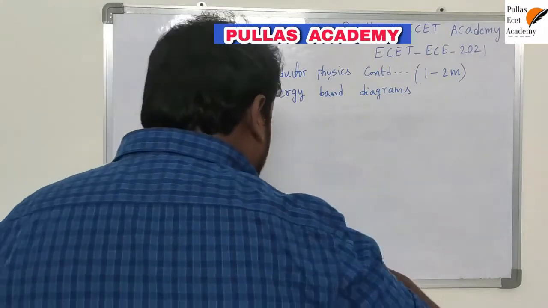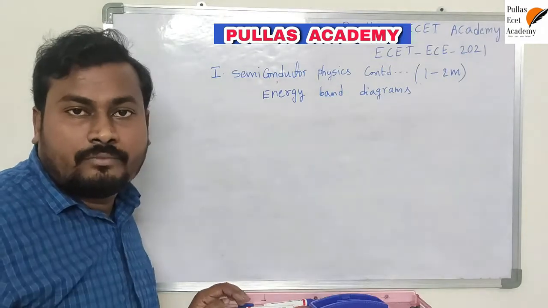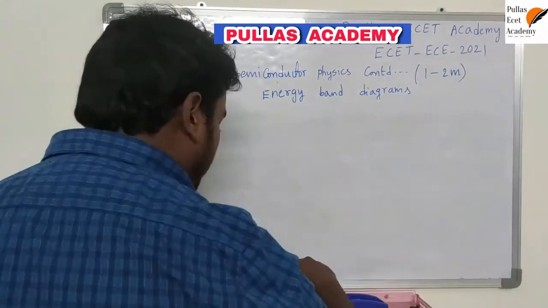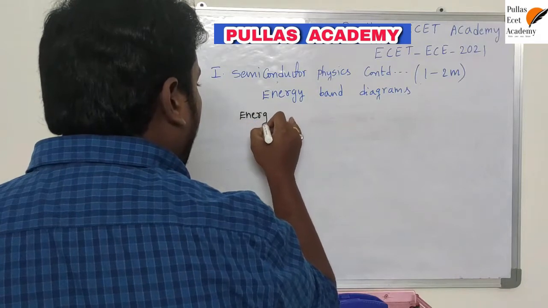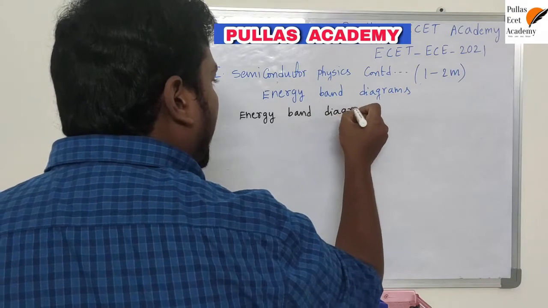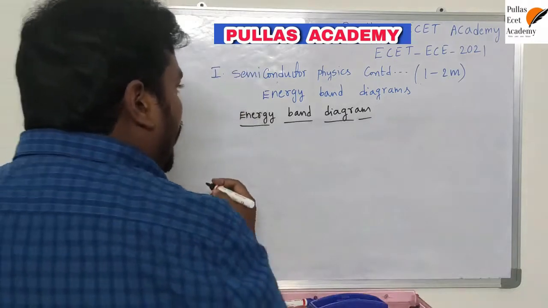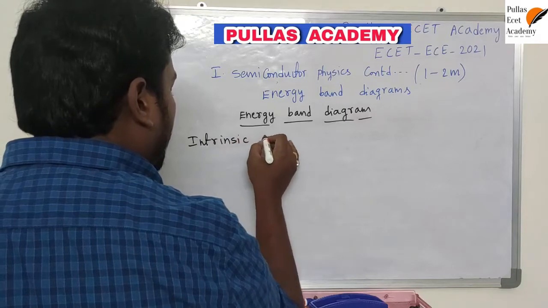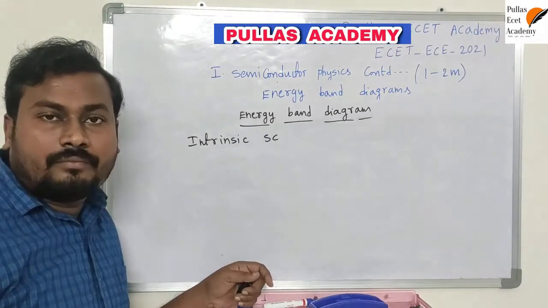So next we'll move on to intrinsic semiconductor. We will see what the energy band diagram is. Here I am taking intrinsic semiconductor.